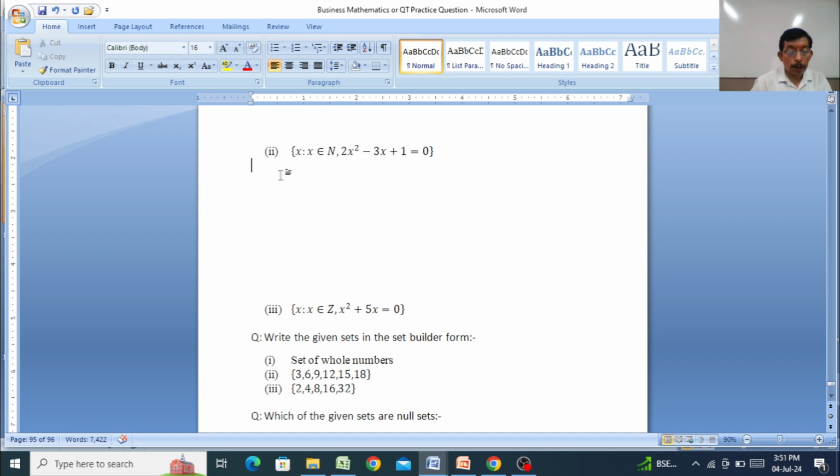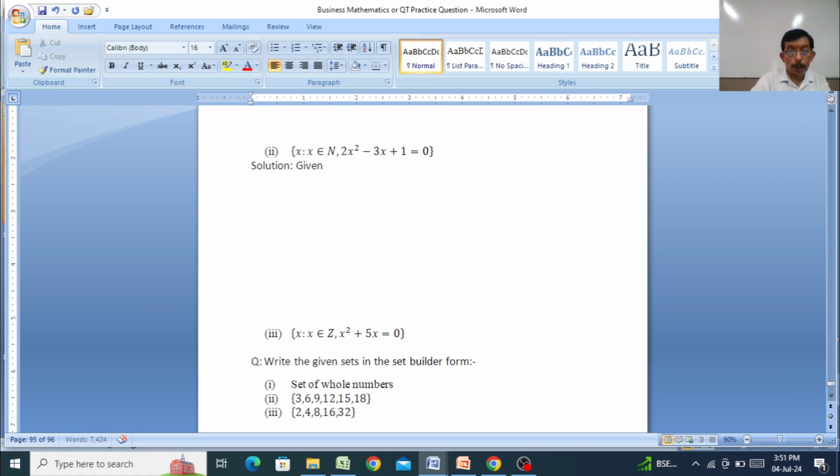Now the given 2x square minus 3x plus 1 is equal to 0. This is a quadratic equation and we simplify by breaking the middle part.